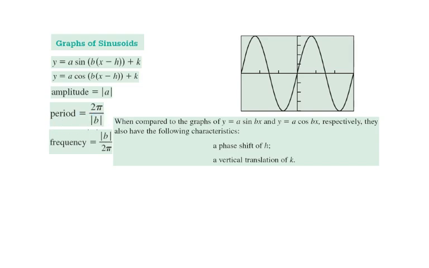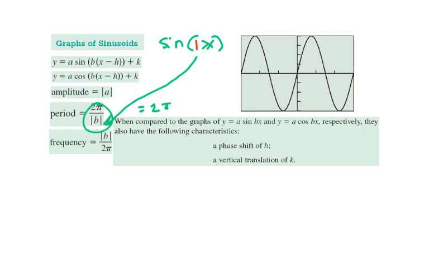Alright, then we also have the period, and the period, as we saw in the previous, was 2 pi, and again that is because when we worked with sine of x, there is technically a 1 here. And so if we were going to take 2 pi over b, and b is 1, you'd end up with 2 pi again.